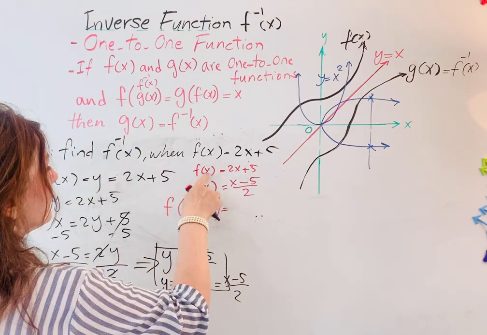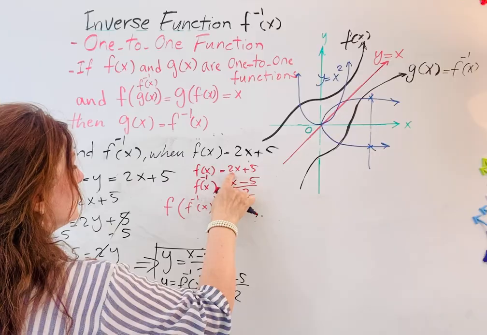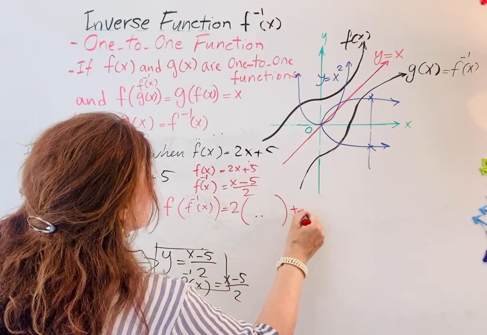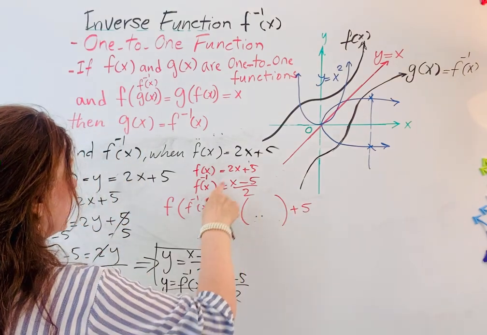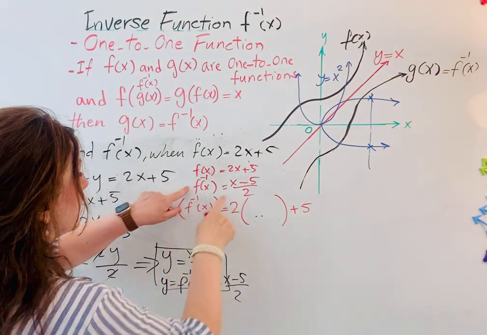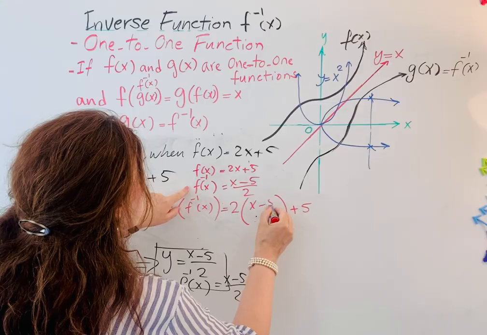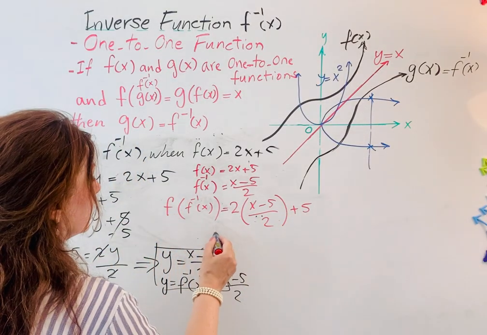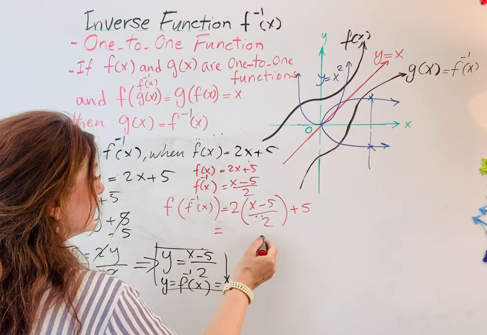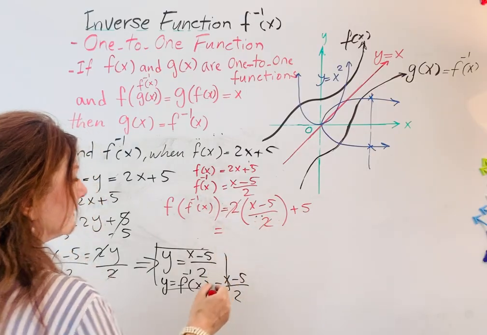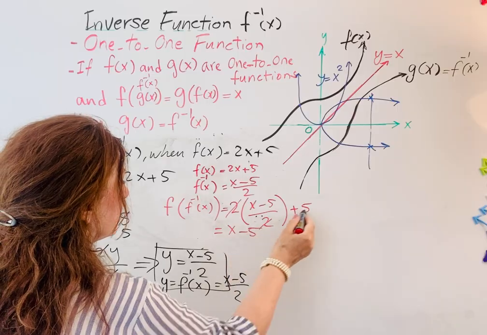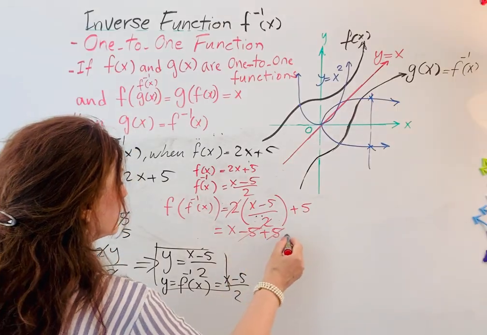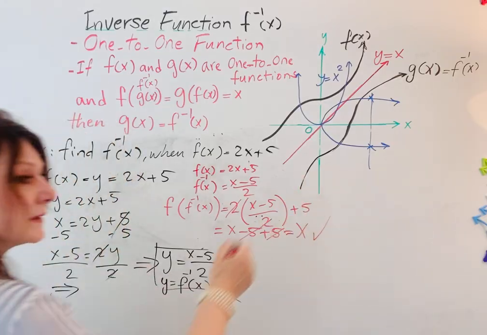What can we do? f of x, 2x plus 5. 2x plus 5. What is x? x is this one. What is this one? x minus 5 over 2. Okay, just simplify. 2 times the parentheses, divide by 2, cancel out. x minus 5 plus 5. Minus 5 plus 5 cancelled, and the answer is x. Good.